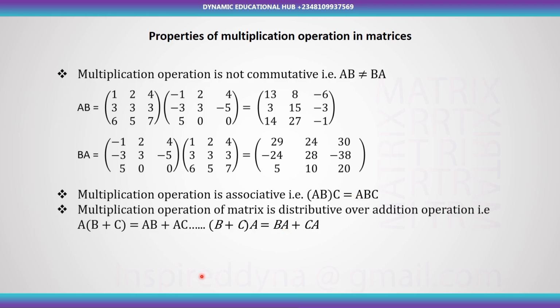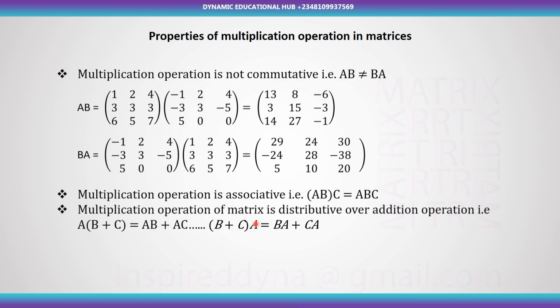Now multiplication operation of matrix is distributive over addition operation. When you have addition of two different matrices in a bracket like this and you have another matrix outside, you can simply use the one outside to expand the one inside. Which means A bracket B plus C will still give you AB plus AC. Now the same way, if you have B plus C, be careful.